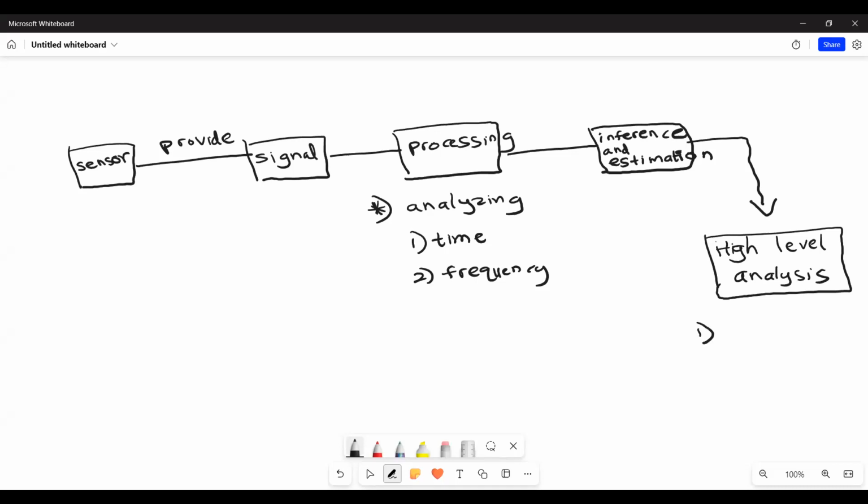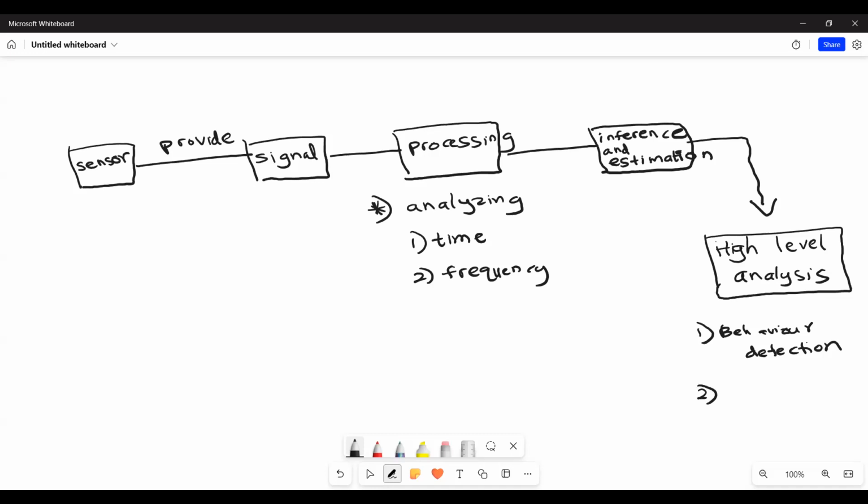Those high-level analyses can be, for example, some kind of behavior detection. Using the estimate, we can detect whether there's some behavior or a person walking in the environment that we can conclude.